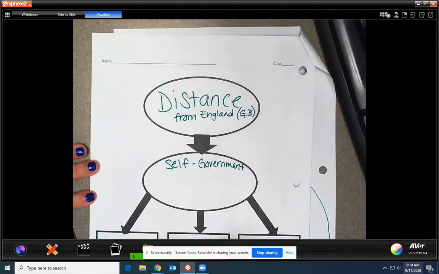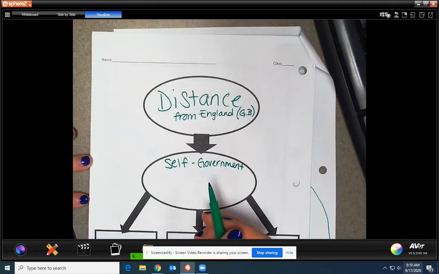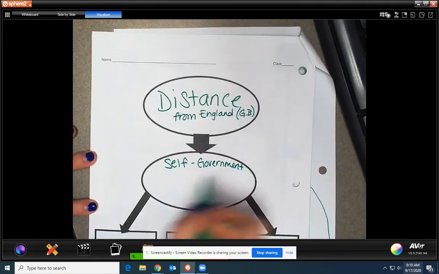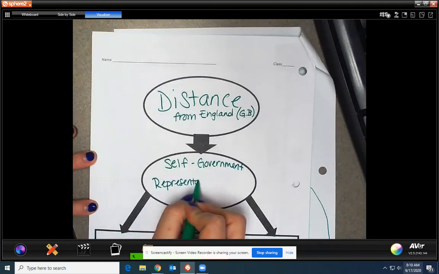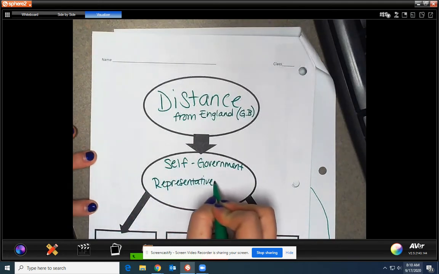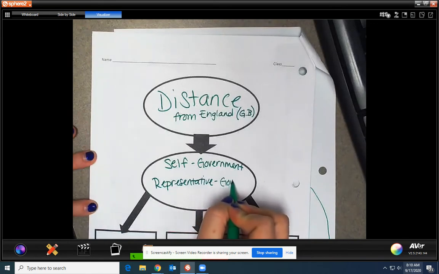We can't just all be a part of government. Some of us are farmers, we have jobs. We need to elect people to be our representatives. They're going to quit their day jobs and they're going to go play government for us and make the laws. So self-government and representative government.